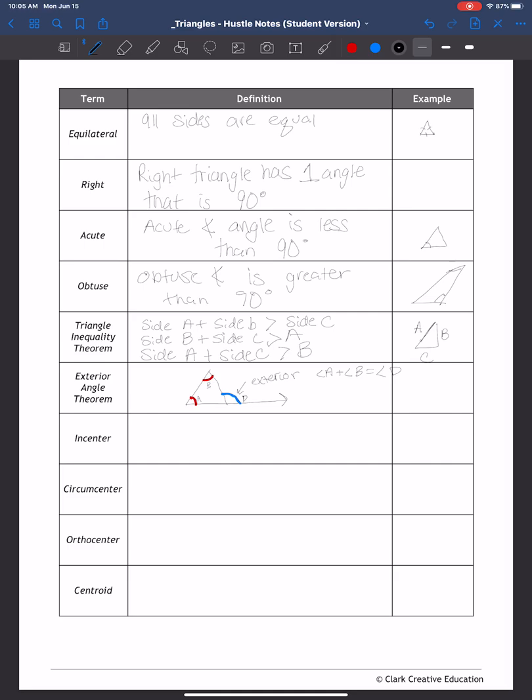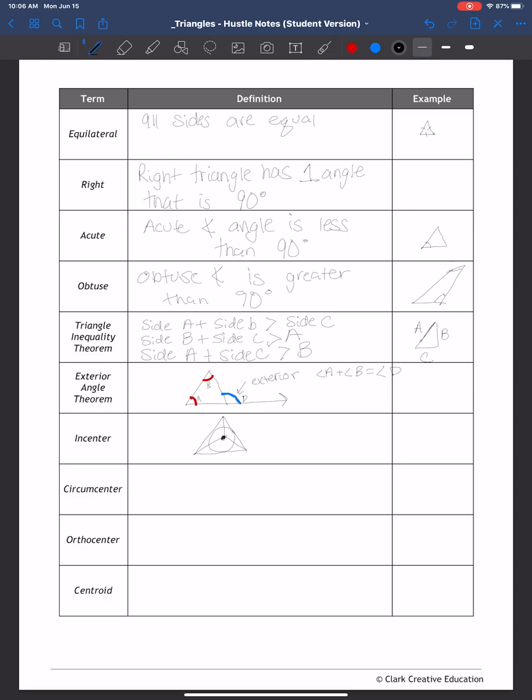The incenter is the center of the inscribed circle, at the intersection of the angle bisectors. So basically, if I were to draw a triangle like so, and I drew a circle, which is probably going to be pretty terrible, but you get the idea. Here to here to here, that would be my incenter.